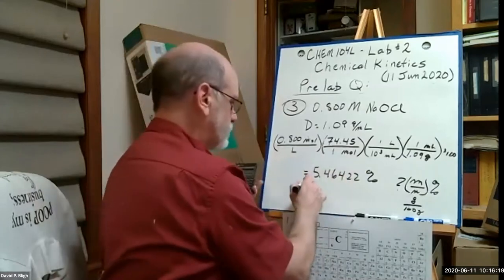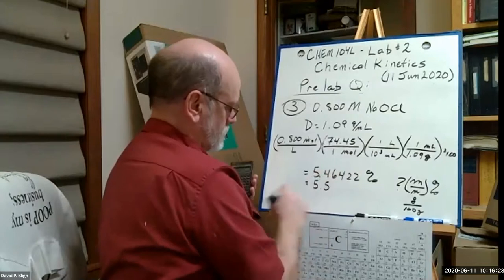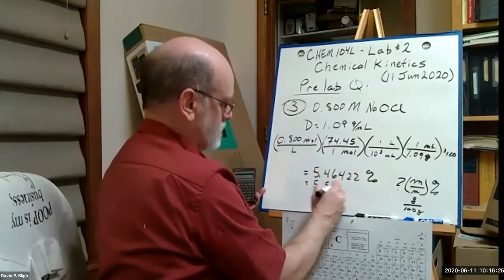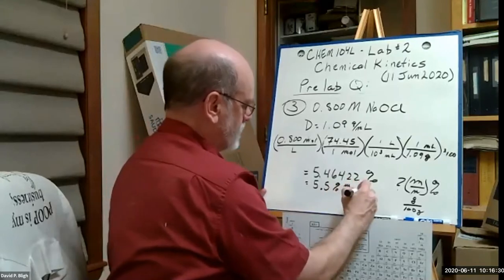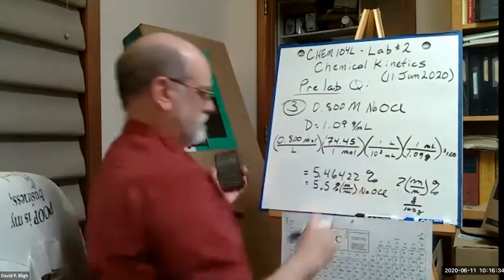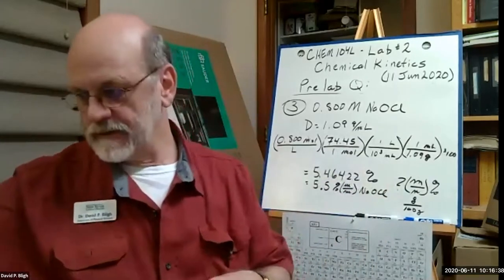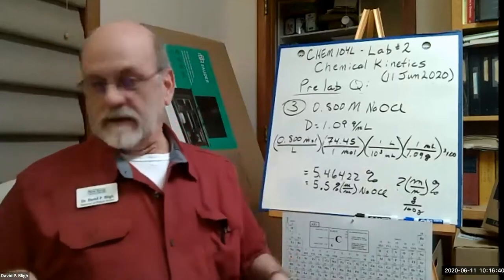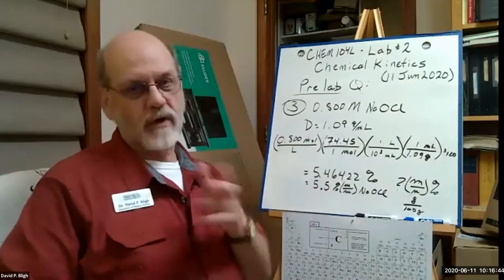Round it off to 2 places, and that's the mass percent of sodium hypochlorite. There you go. When you use the wrong numbers, you get the wrong answer. Like computers, garbage in, garbage out.